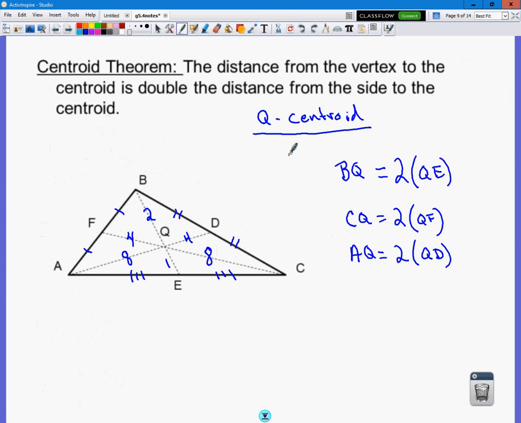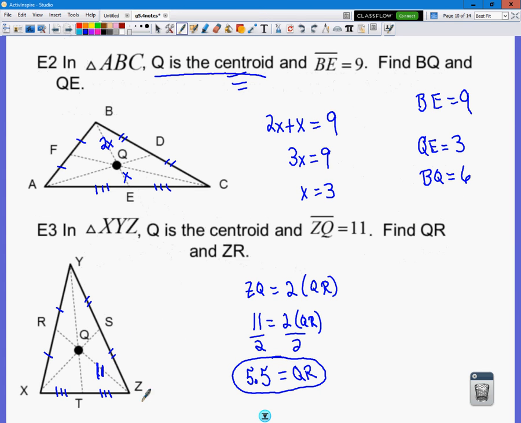Because the theorem says the distance from the vertex to the centroid is double the distance from the centroid to the side. So from Z to Q, the vertex to the centroid, ZQ, is twice that from the centroid to the side, which is QR. We good? Other questions?